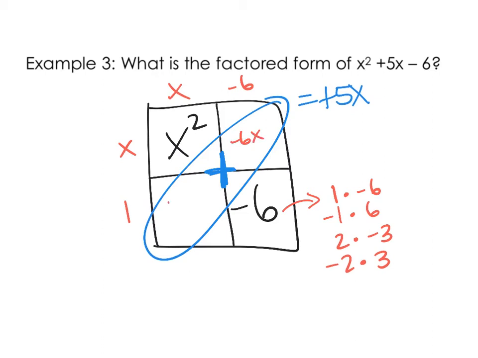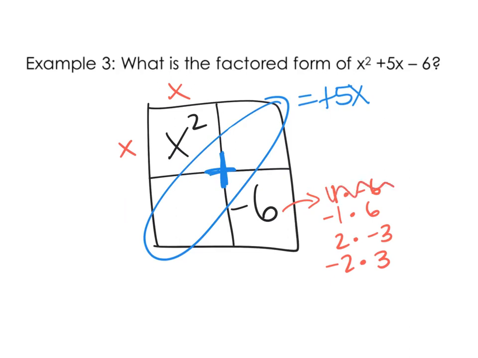And a 1 times x would give me a 1x. So if I try this out, 1x plus a negative 6x is going to give me a negative 5x. Super close, but not what I'm looking for.